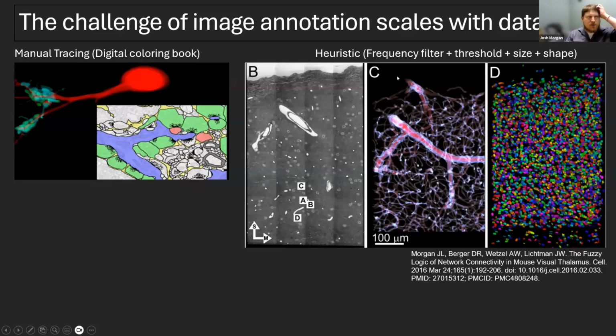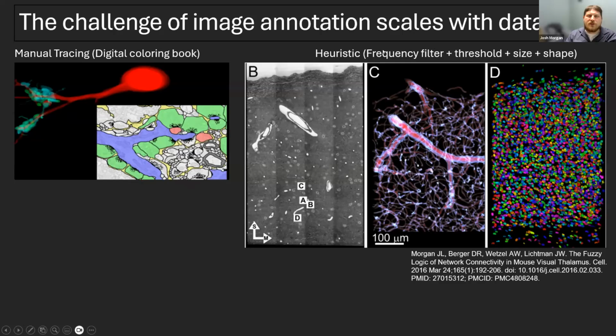Another approach is heuristic. So this is more traditional automated image processing. So this is another piece of mouse brain here, and I've first filtered for size. So in this middle image, we're looking for blood vessels. So I found the bright spots of a certain size, and then thresholded it, then first frequency, then threshold it, then do a size filter and a shape filter.